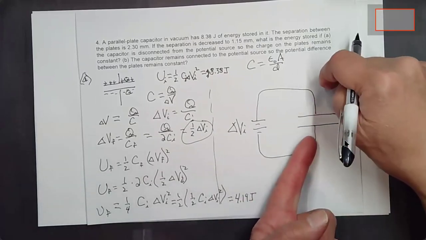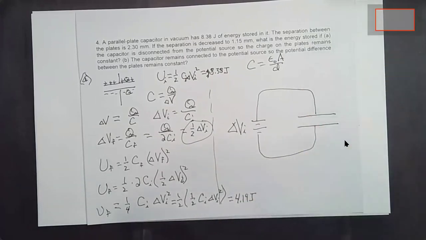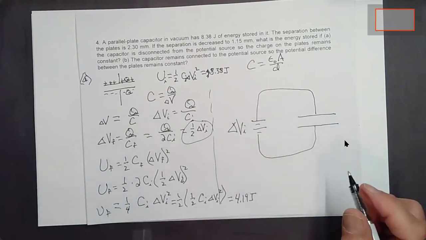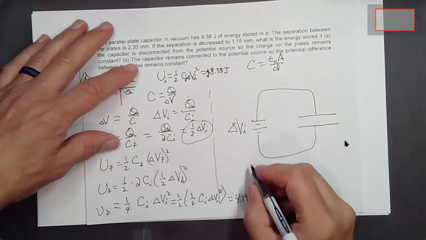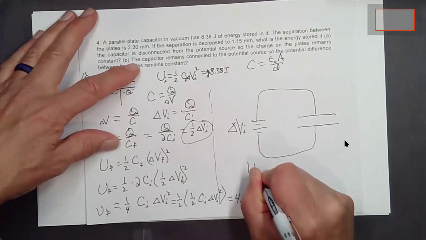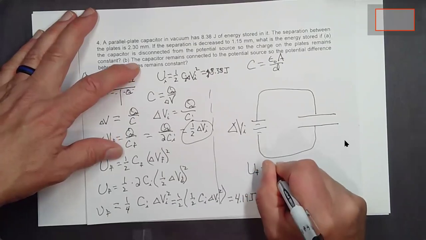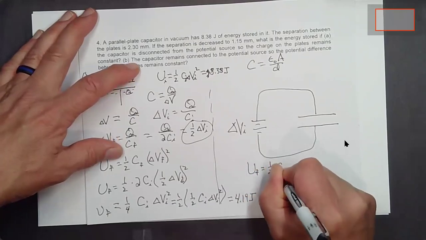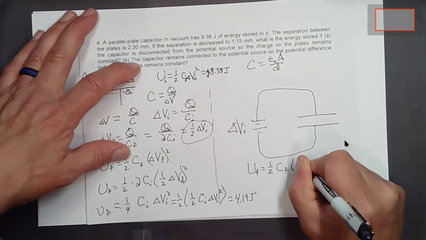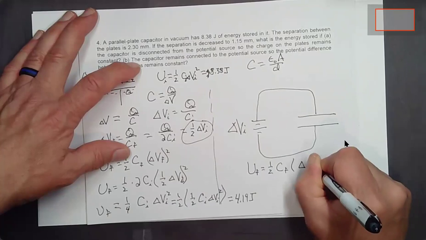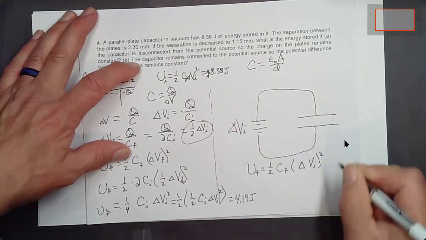And now you're going to do the same thing again, except now the potential difference between the two is going to stay the same. Well, if the potential difference stays the same, that means the final energy that we have in here is going to be 1/2 C final times not delta V final, but delta V initial squared.